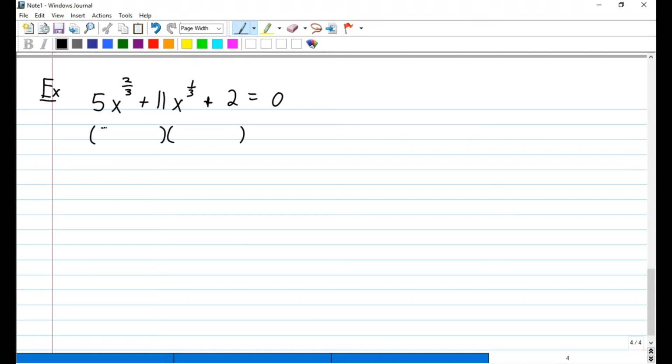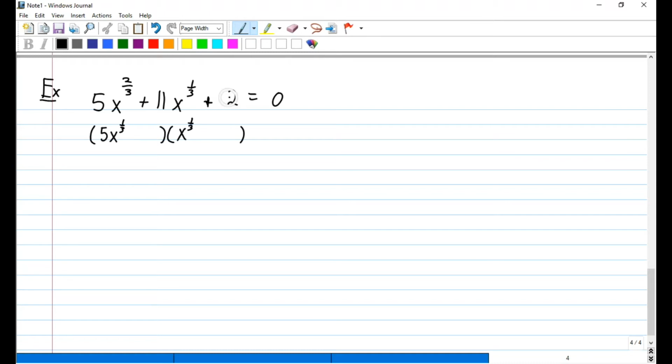In one of the parentheses we're going to put 5, and then whatever this middle power was, you have to put that: 5x to the 1/3, and then 1x to the 1/3. So now what do I do?